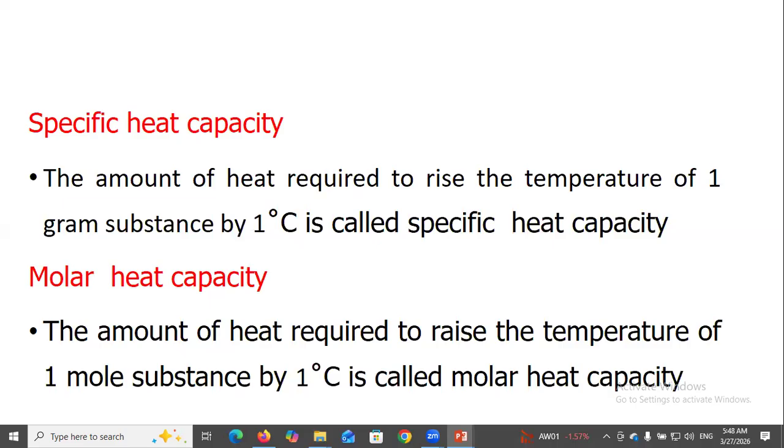Specific heat capacity: the amount of heat required to raise the temperature of 1 gram of substance by 1 degree Celsius is called specific heat capacity. Molar heat capacity: the amount of heat required to raise the temperature of 1 mole of substance by 1 degree Celsius is called molar heat capacity.